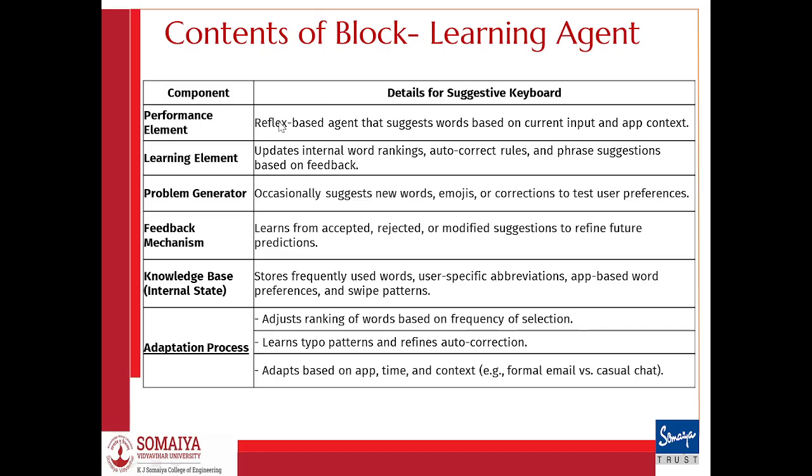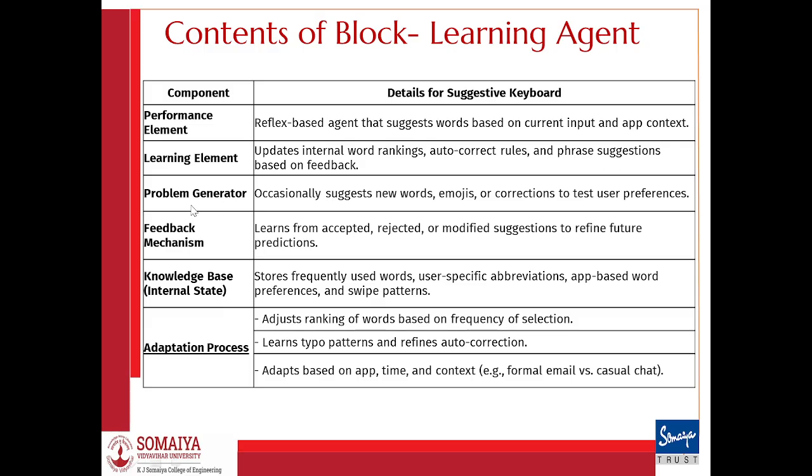The performance element, as said earlier, is going to be a reflex based agent that suggests words based on the current input and app context. The learning element would update the internal word ranking and modify the performance element so that next time it runs, it would execute with improved information. It can also work on autocorrect rules, phrase suggestions based on feedback, and so on.